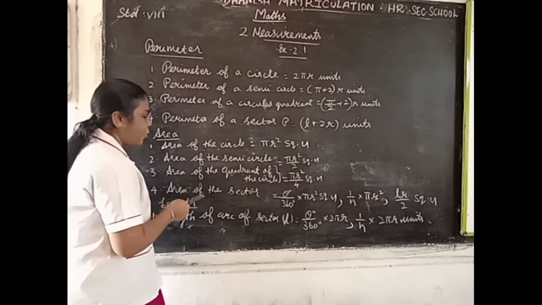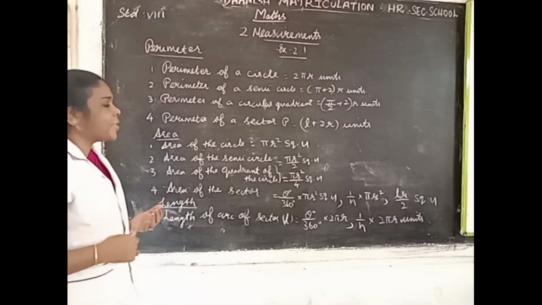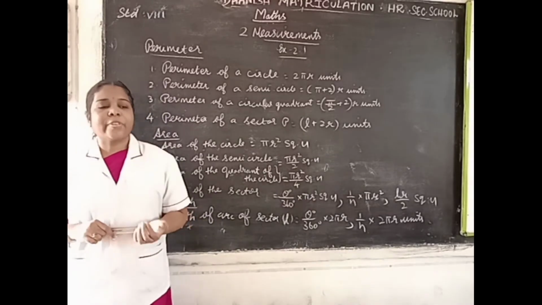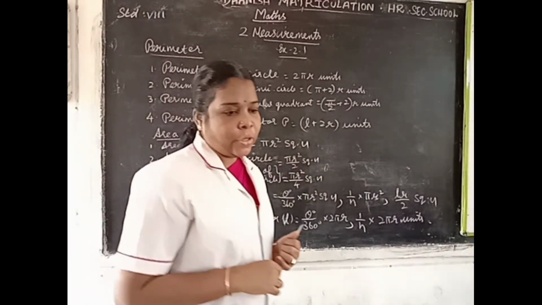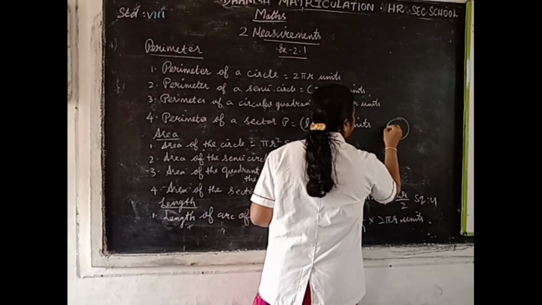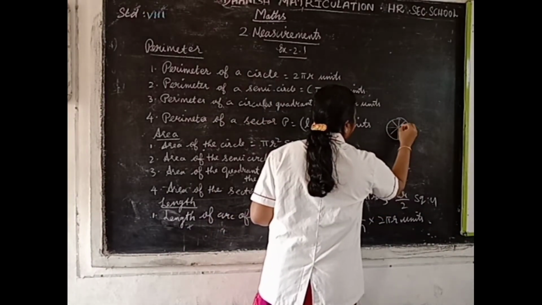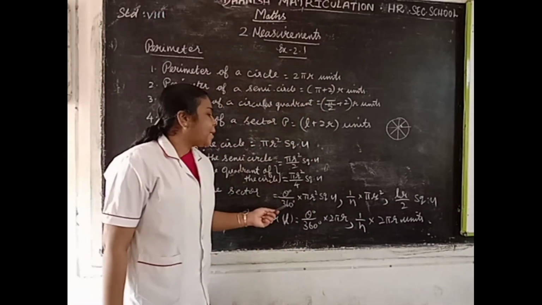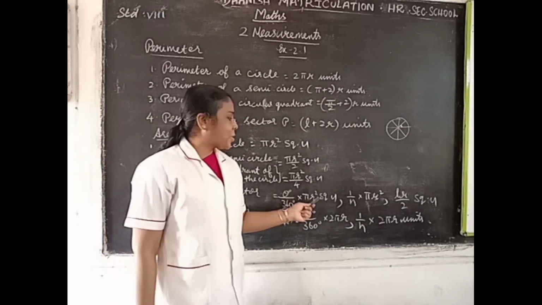Then area of the sector. Area of the sector, you will have three formulas. Suppose if they given the central angle value, you have to use theta by 360 into pi r square.